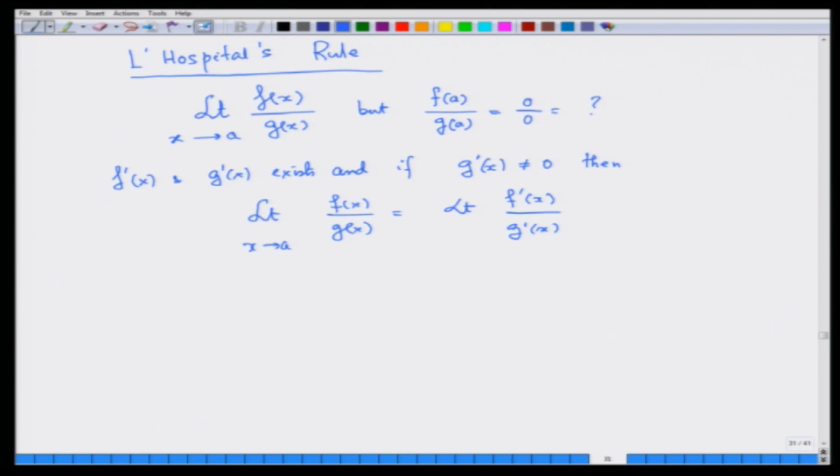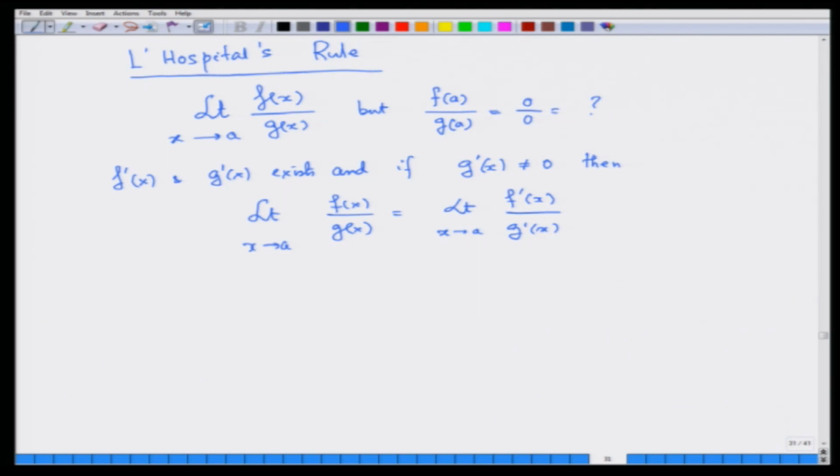When I say f dash x and g dash x exist, I mean the derivative exists at all x from the domain of the function, and if g dash x is not equal to 0 for every x, then this limit is the same as this limit.